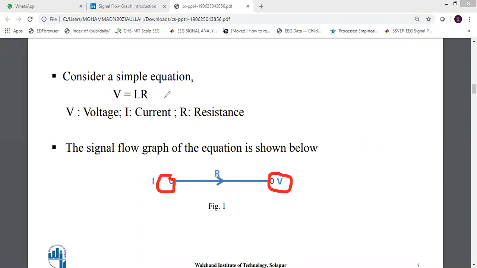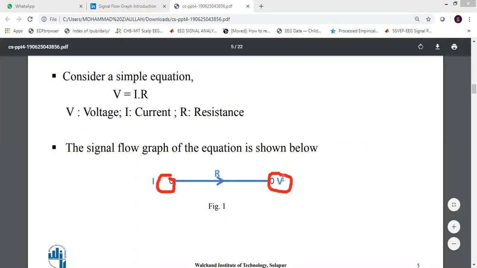So I is your input, V is your output, and these two are your nodes. That is what the definition of a signal flow graph says. It basically consists of branches, which represent the signals, and nodes.